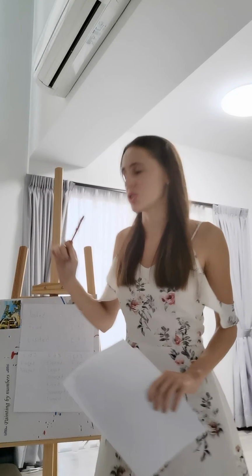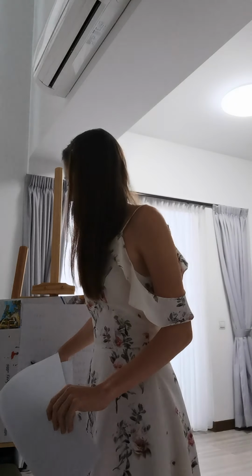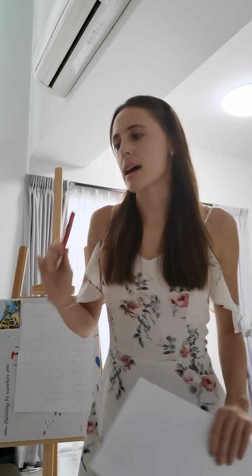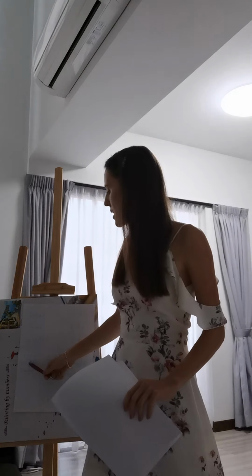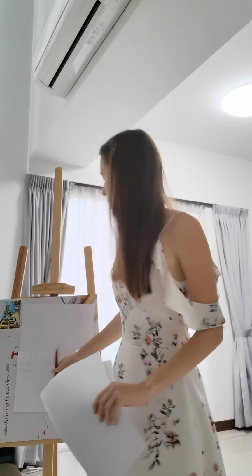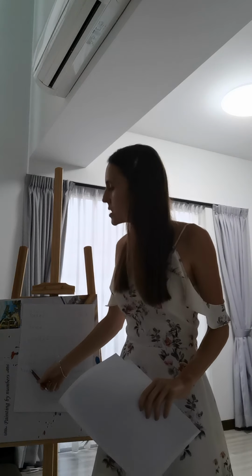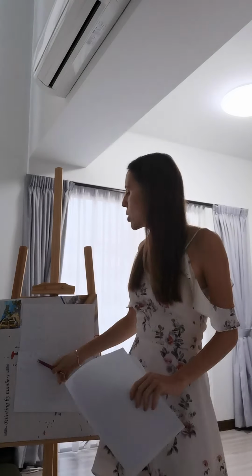Okay, let's stop here for now. Visited, needed. Let's have a look at the last letter. Visited. Yeah, t. Yes, needed, d. So when we have these letters, T and D, then we pronounce the ending as id.